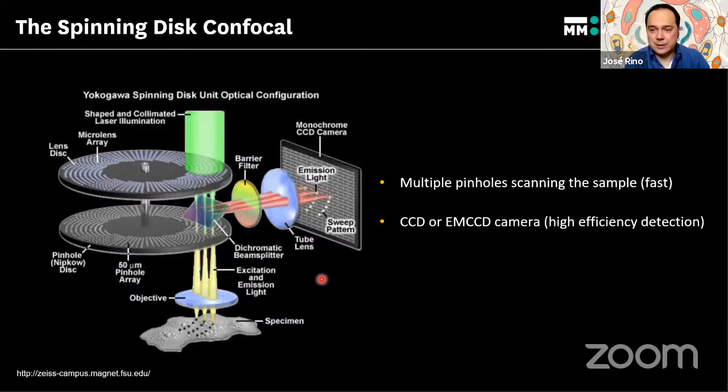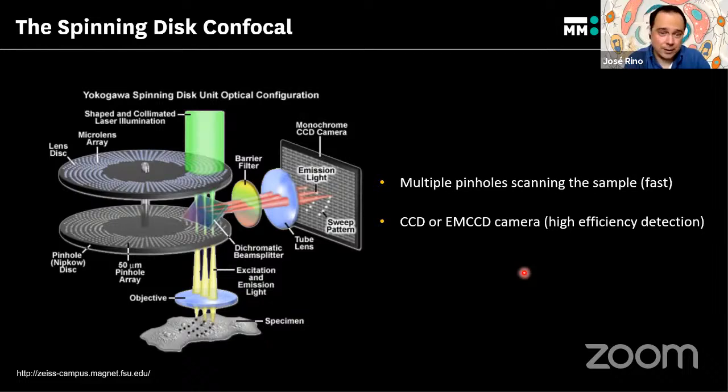These are high efficiency detectors that can go from 25% of the PMT to 60, 70, 90% light detection efficiency. And so the spinning disk is really great because it allows us to go fast and to be more sensitive, so to capture more light from the sample. This means that we can reduce the laser intensity. All good things for live imaging.